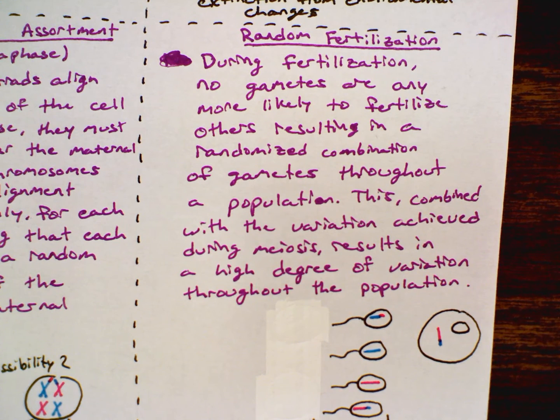So not only are each of the gametes genetically different, but the one that actually performs fertilization is randomly selected. So the combination of all 3 of these processes is what drives these huge swings in genetic diversity from one generation to the next, even though you're starting with the same genetic material.